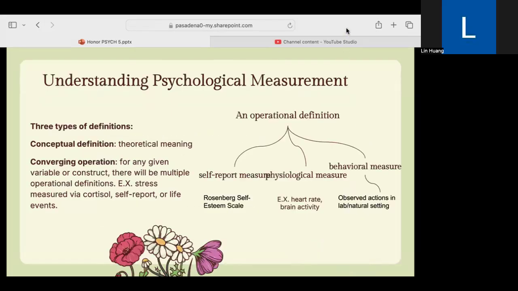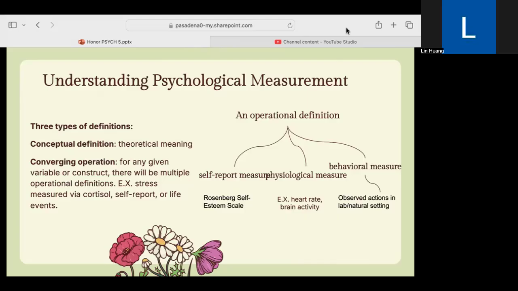Okay, and now we're going to the two types of definition. The first is conceptual definition, which is the theoretical meaning. You can find it in a dictionary. And the second, which we will talk more about, is operational definition. There are three types.